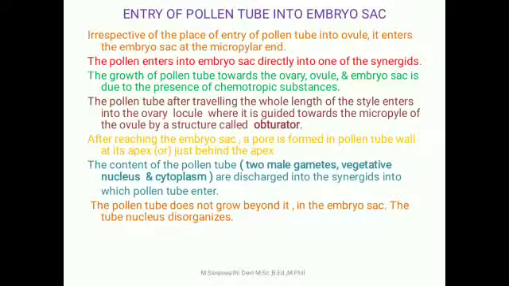The contents of the pollen tube are two male gametes, the vegetative nucleus and cytoplasm. These contents are discharged into the synergid into which the pollen tube has entered. The pollen tube does not grow beyond it. In the embryo sac, the tube nucleus disorganizes.